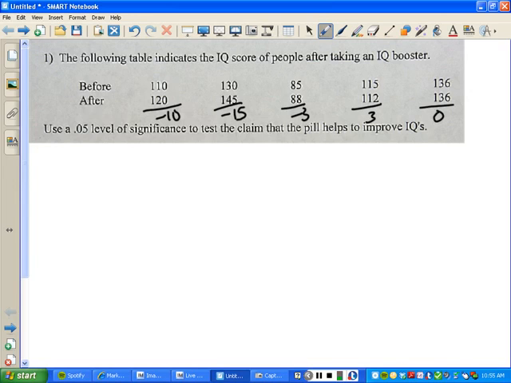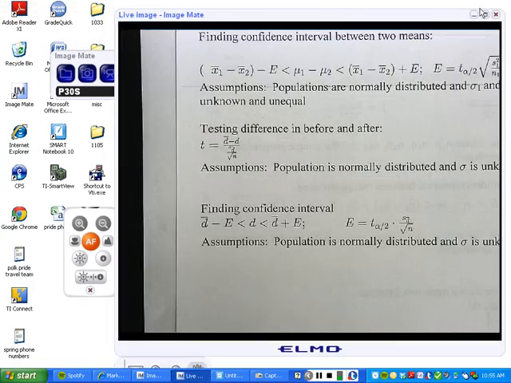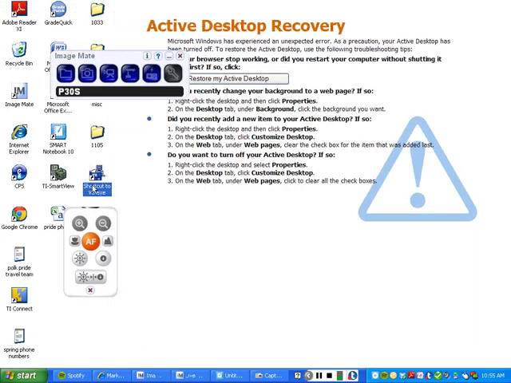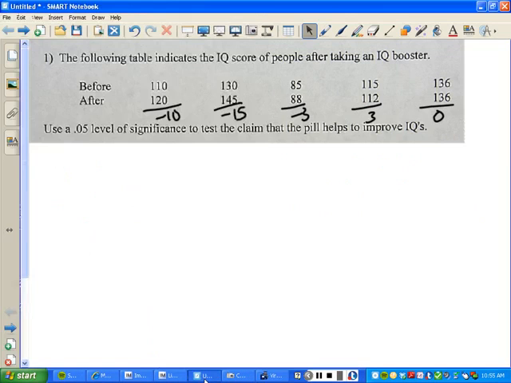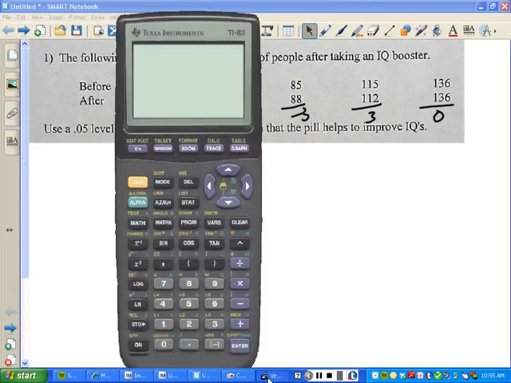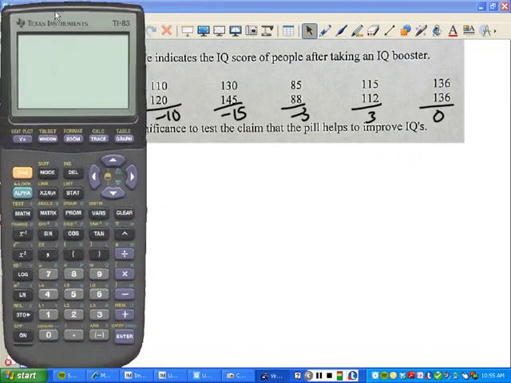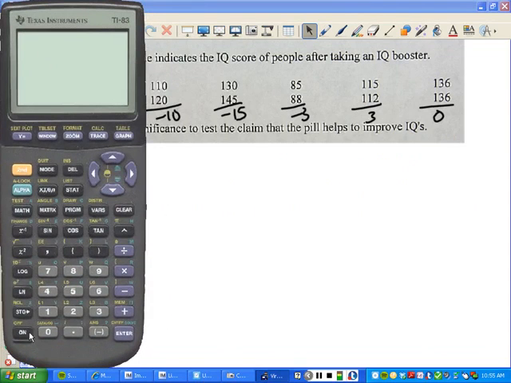So let's bring up the calculator real quick. So how do I find the average? Well, remember that just finding the average doesn't do us any good.